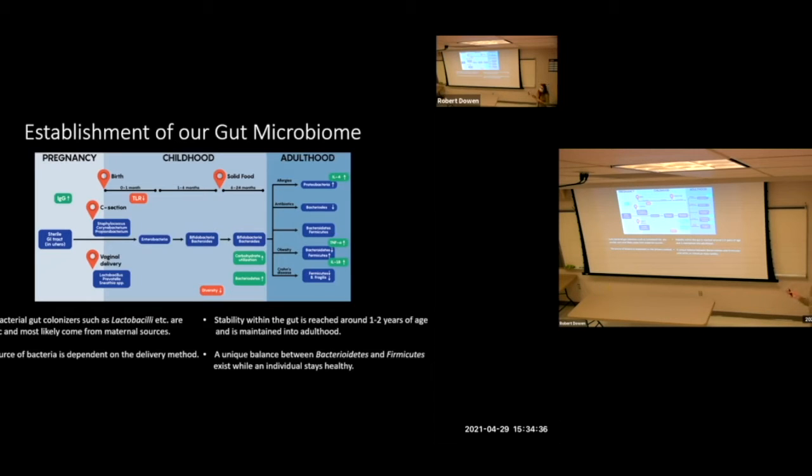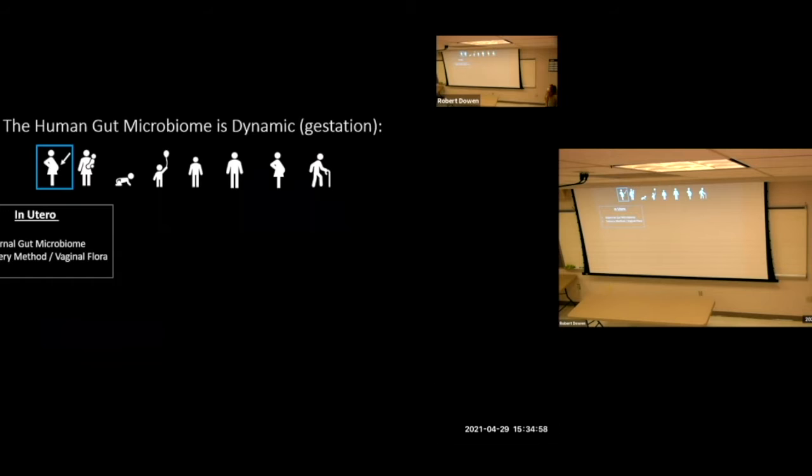That balance is unique to every person, but it does define a healthy state for your gut microbiome, and it can change in disease states or get disrupted and lead to metabolic disorders, which we'll talk about in a little while.